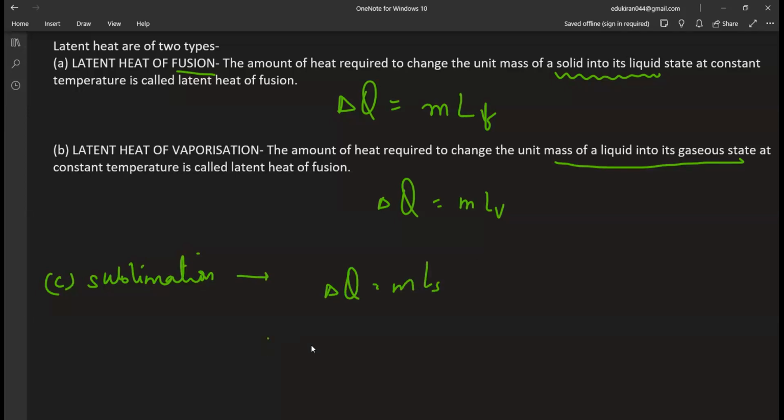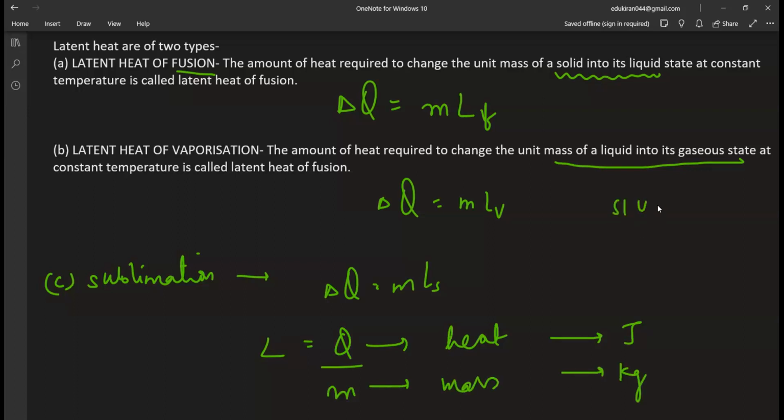And if the formula of L is asked, latent heat is the heat per unit mass. This is the heat, so the SI unit will be joules. This is the mass, so the SI unit will be kg. So the total SI unit becomes joules per kg. And if you write this in CGS, this becomes calorie per gram.